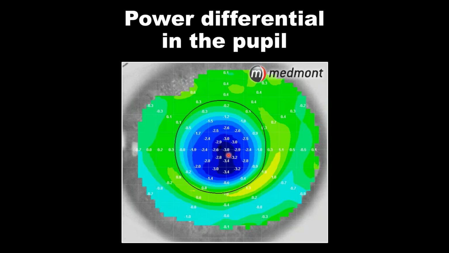The way you look at it is in the center, you notice we have a 3.8 diopter flattening in the center. But as we go to the periphery, it's about 0.1 diopter in the plus. So this patient has a 3.9 diopter, excuse me, RX change toward this meridian.